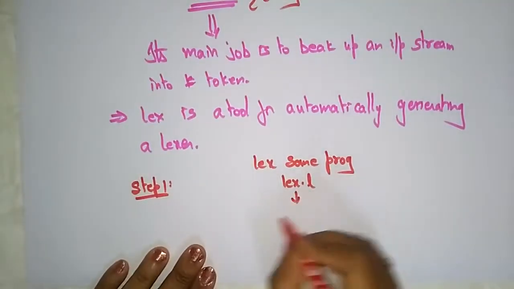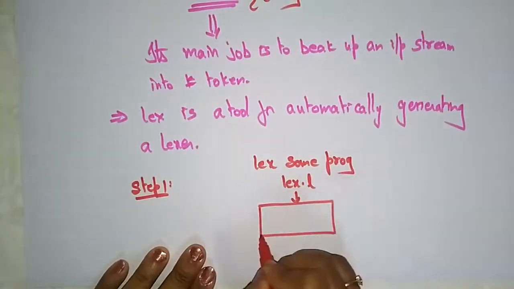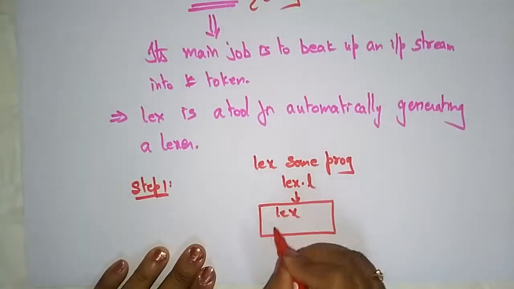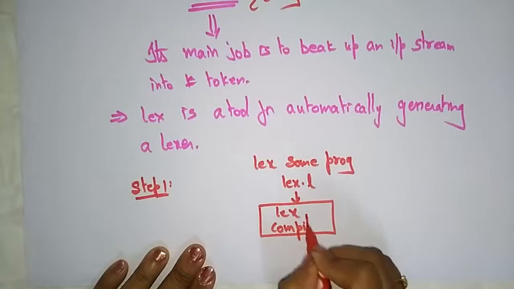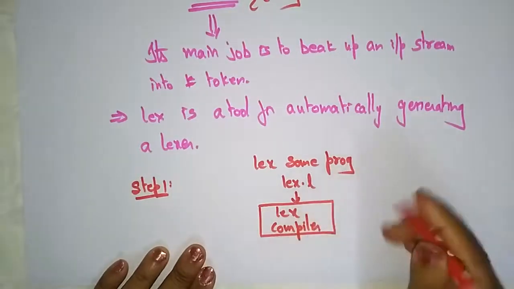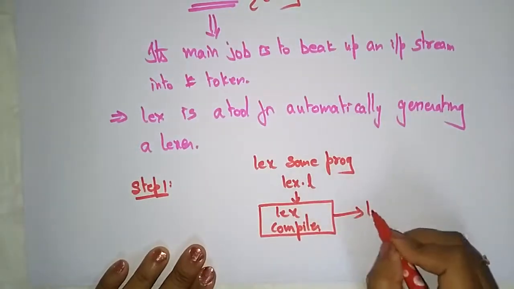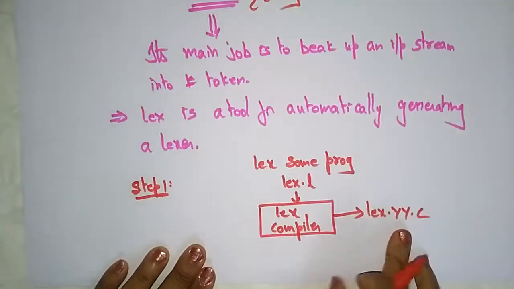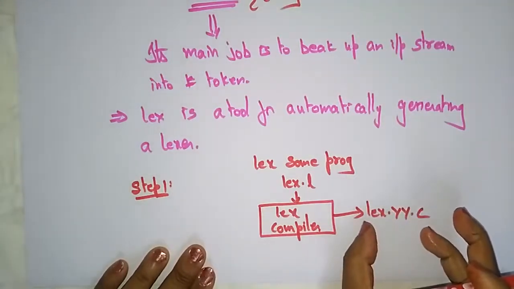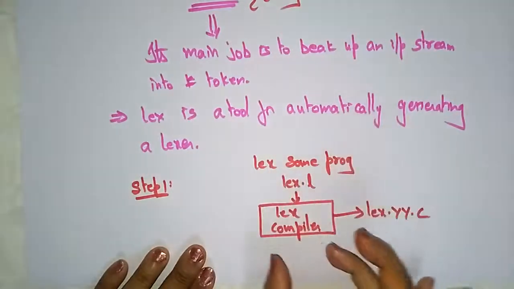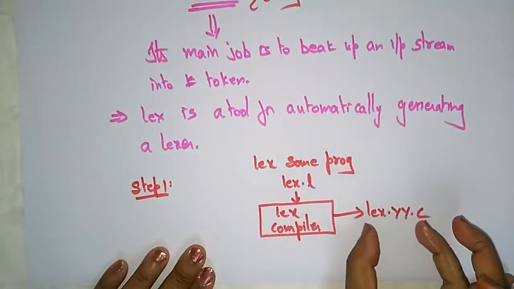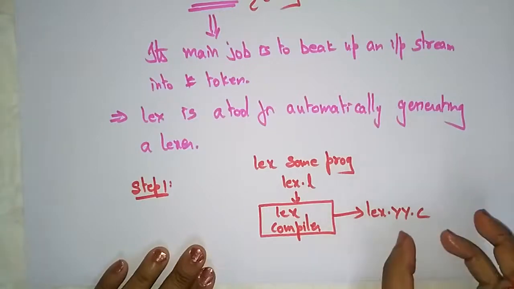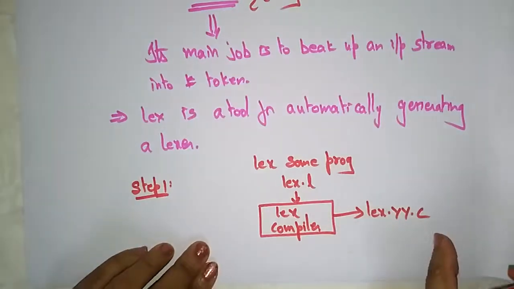This source program is sent to the Lex compiler. With the help of the Lex compiler, it generates an output, lex.yy.c, which is the input for the C compiler.